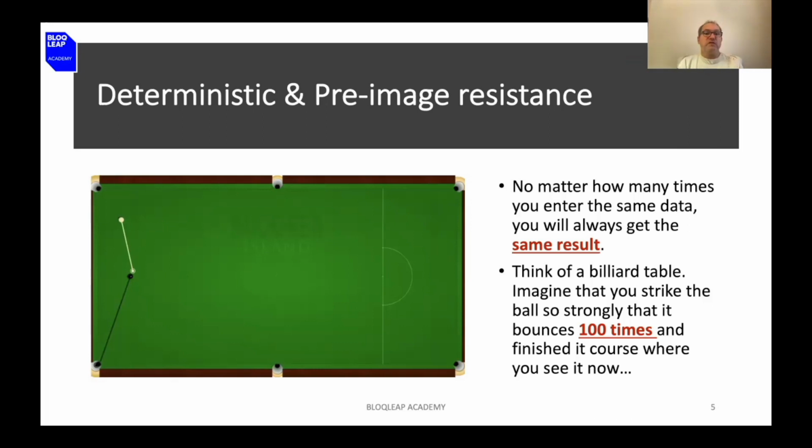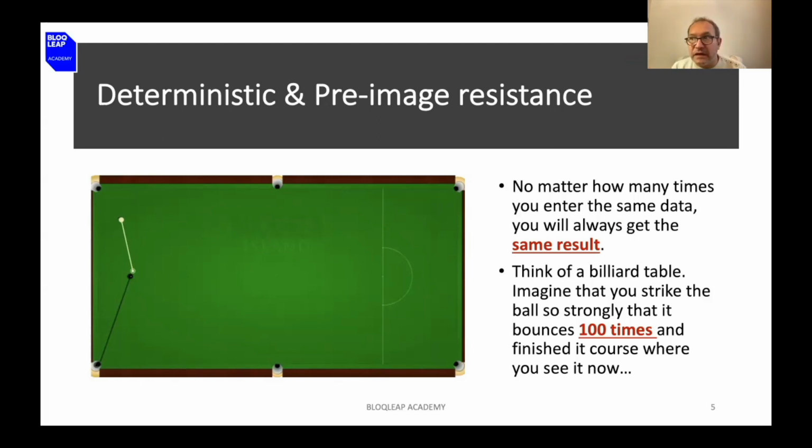If you just arrive when the ball stops, it would be impossible for you to find all the bounces of this ball. You can't find them, and therefore you can't find where the ball was at the very beginning.